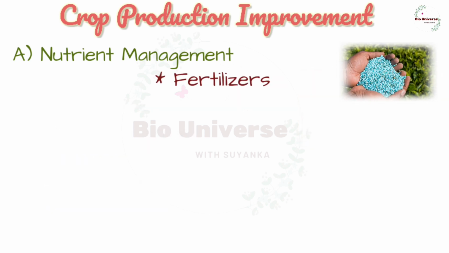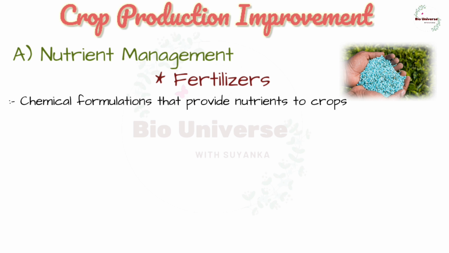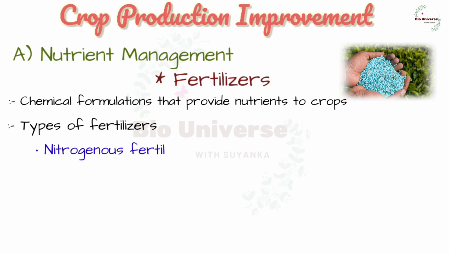Fertilizers are commercially produced chemical formulations that provide nutrients to crop plants for overcoming soil deficiency, enhancing their growth and yield. Depending upon the critical element present, fertilizers are of three main types. Nitrogenous fertilizers, which contain nitrogen as principal nutrient, for example, urea, ammonium sulfate, ammonium nitrate, sodium nitrate, calcium ammonium nitrate.